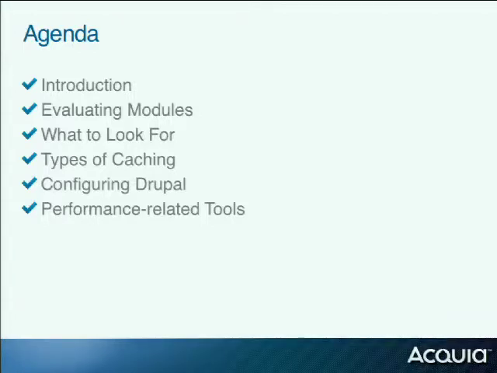We're going to look at the types of caching in Drupal. This is probably the most technical piece in terms of how Drupal internally treats fields versus forms versus menus, to get a good understanding of what you have control over, what you don't, and what you can really work on. And the last two are little tricks for configuring Drupal and other performance-related tools like certain Drupal modules or external services. Just really specific things that can help you in actually building the site.